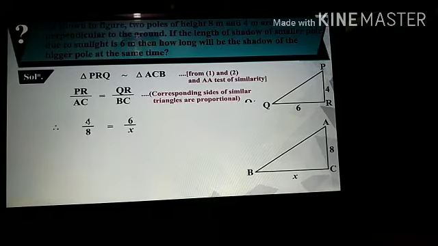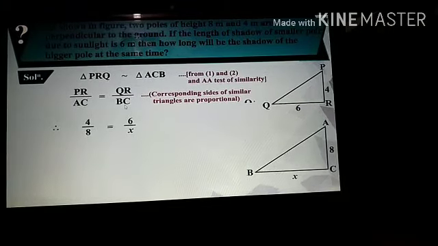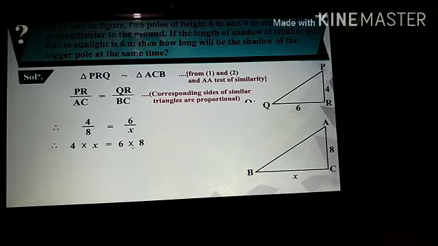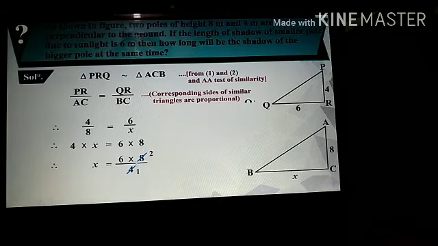So PR is 4, AC is 8, QR is 6 and BC is written as X. To find the unknown value X, let us cross multiply. So 4 into X is equal to 6 into 8. So X is equal to 6 into 8 upon 4.